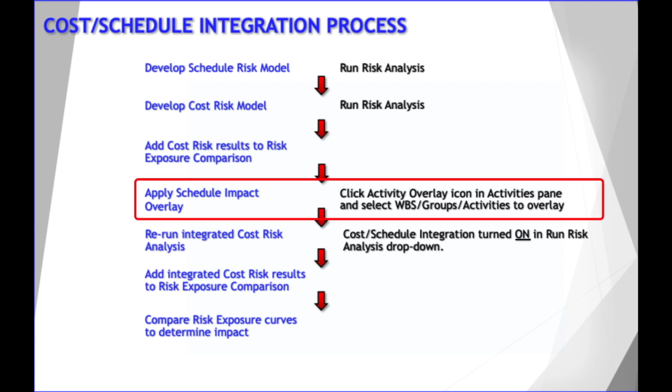Apply schedule impact by clicking the Activity Schedule Overlay icon in the Activities pane and selecting the relevant activities from the schedule model. We can apply schedule impact to specific cost elements or the entire cost estimate. For example, activity, work package, WBS element, etc.